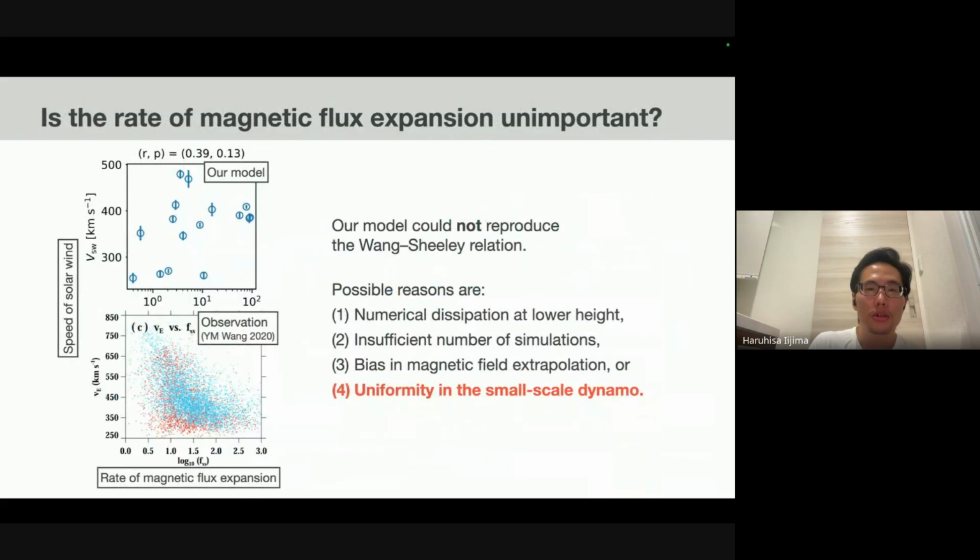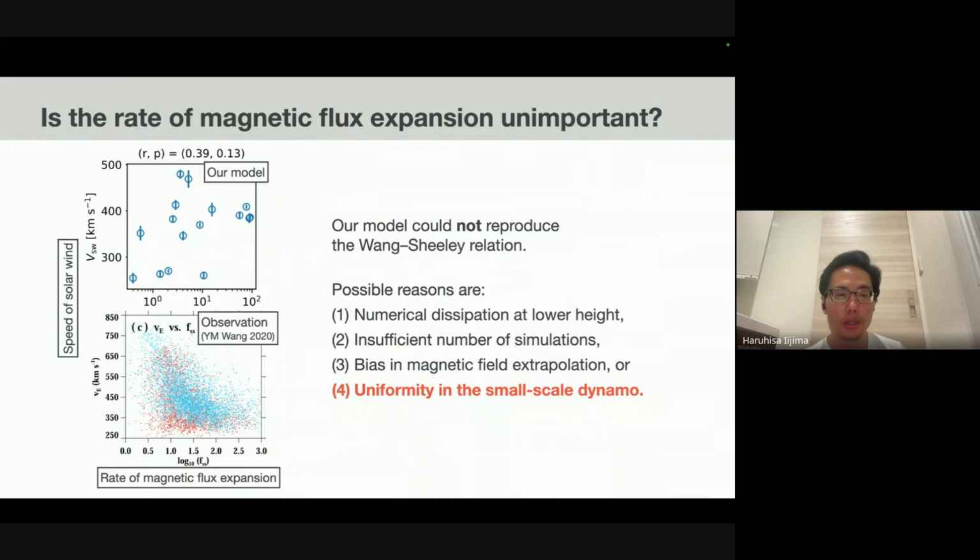So does it mean that the rate of the magnetic flux expansion is not important? We don't think so. There are possible reasons. One reason is that numerical dissipation is over-enhanced at the lower height, which leads to a slower solar wind and hides the component of the fast solar wind.